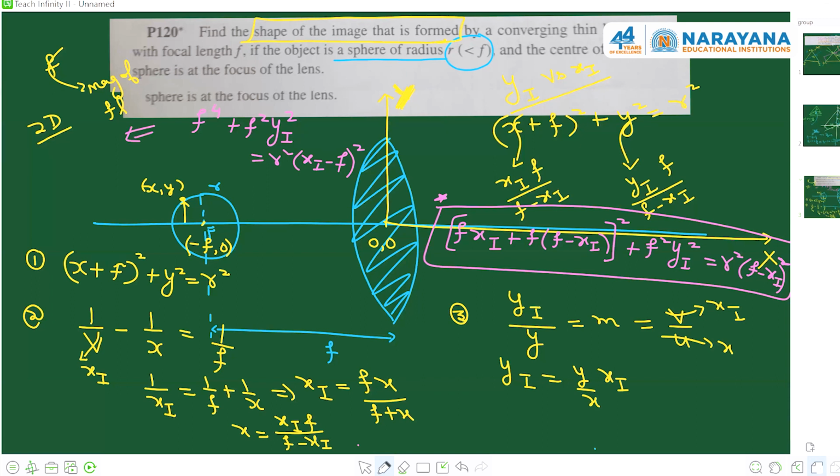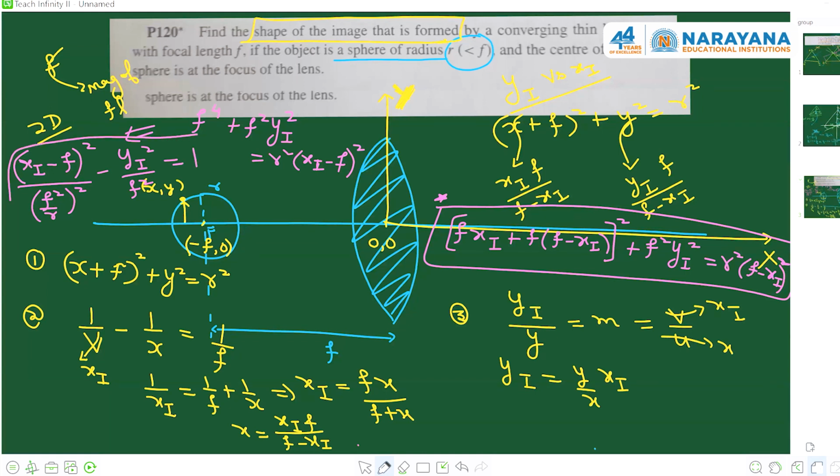I'm dividing everything by f4, so the final equation is xi minus f, the whole square, upon f square by r, the whole square, minus yi square by f square, that comes out equal to 1.